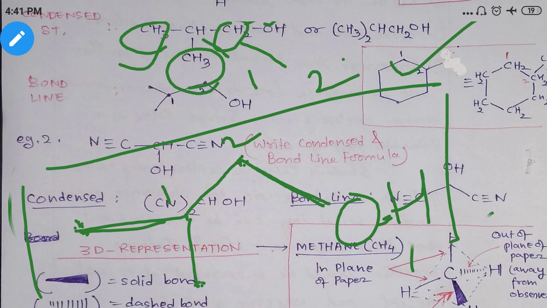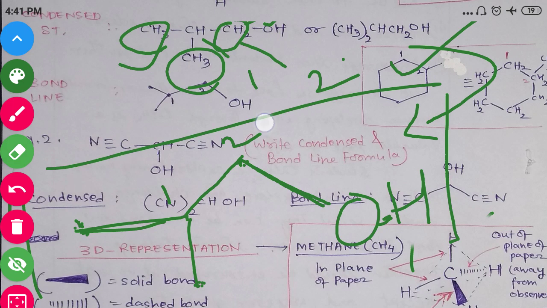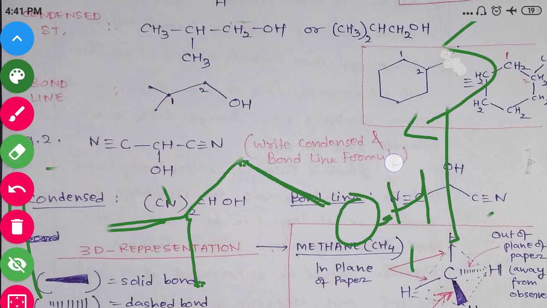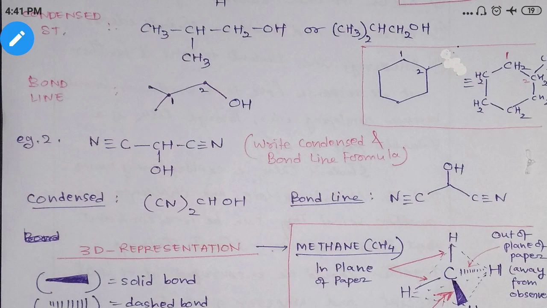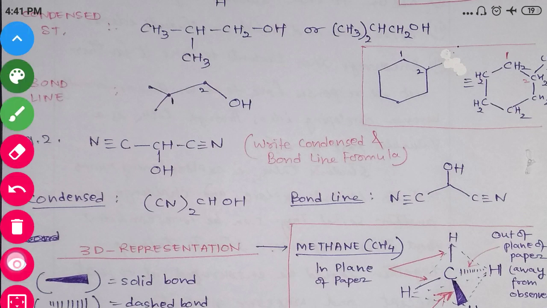It will be easier for you. If anyone can do it directly from the condensed formula, it is not a hard and fast rule. You can do it directly from the condensed formula. If you are asked to change to bond line formula, first take the condensed formula to the structural formula. It will be easier for you to arrive at the bond line formula. But if anyone can go directly from condensed formula to bond line formula, they can do that. Okay, there is no rule. I am telling you for your convenience, it is not such a rule. Okay, so here one more example I have shown you.